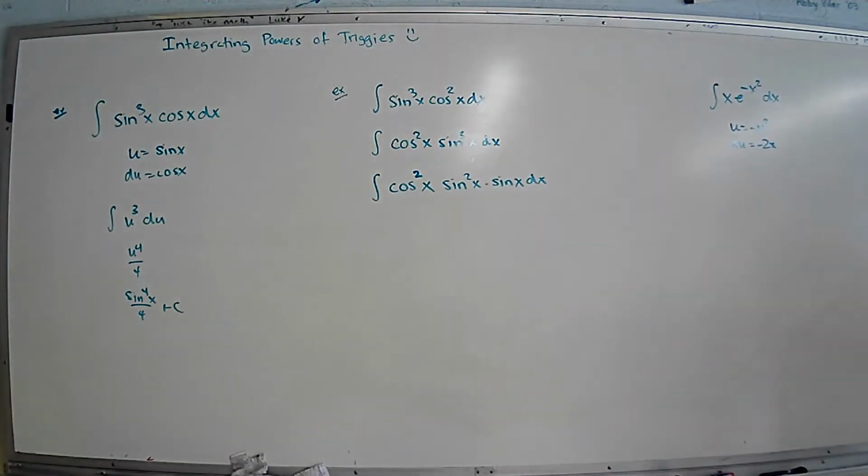Okay, so if you don't see why I did that, let me give you some insight as to why I did it. You see that sine of x hanging out there on the end by himself, like Matthias? That sine of x is going to serve the same purpose as the cosine served in the last problem. That sine of x is going to be the du.